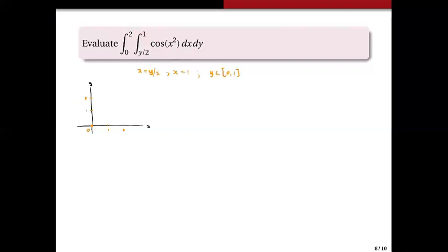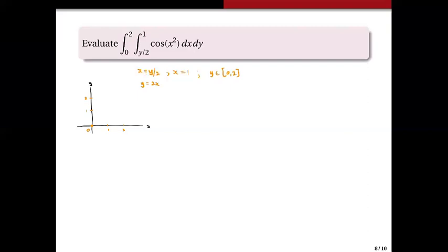So if you look at this line here, x equals y over 2, we can change this into y equals 2x. Anyway, x equals y over 2 and your y runs from 0 to 2.